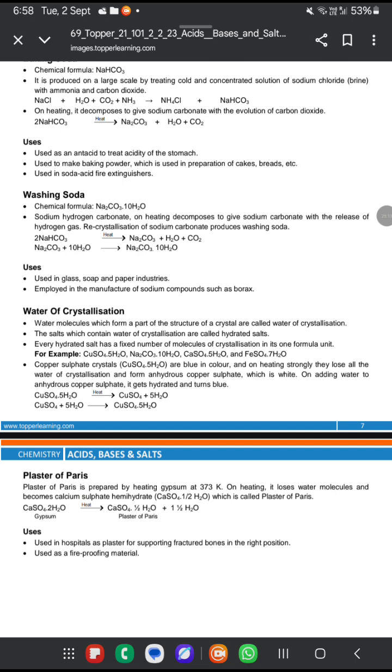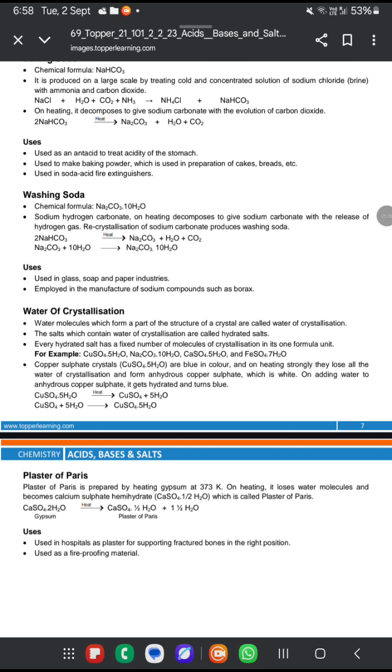Copper sulfate crystals, CuSO4·5H2O, are blue in color. On heating, they lose all the water of crystallization and form anhydrous copper sulfate, which is white.